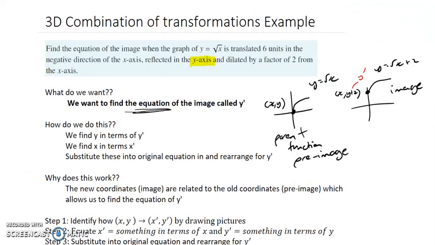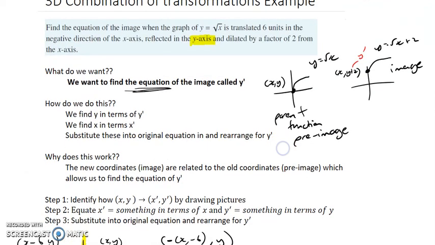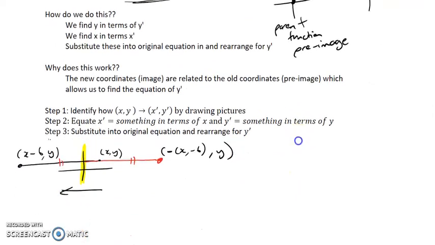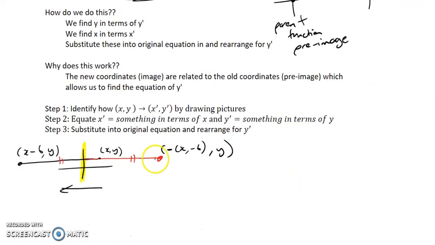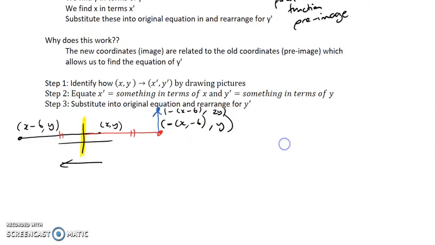Next one is dilated by a factor of 2 from the x-axis. So this means that it's going away from the x-axis by a factor of 2, so you're doing a multiplication. So what's happening is that the x value stays the same, which is now minus x minus 6, and the y value has been multiplied by 2. Okay. So we've found our process for xy.